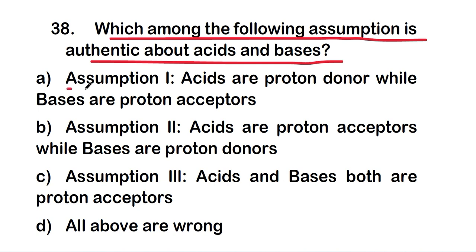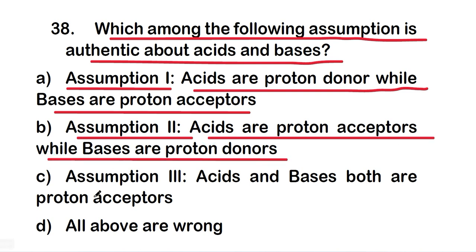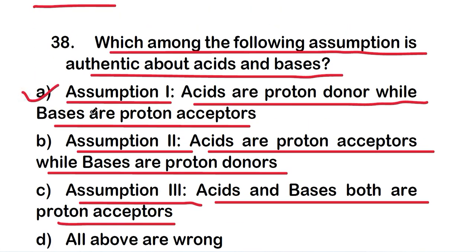Option A is assumption 1, that is acids are proton donors while bases are proton acceptors, or assumption 2, that is acids are proton acceptors while bases are proton donors, or assumption 3, that is acids and bases both are proton acceptors, or option D, that is all are wrong. And the right answer is option A, that is assumption 1 is the correct one. So acids are proton donors while bases are proton acceptors.